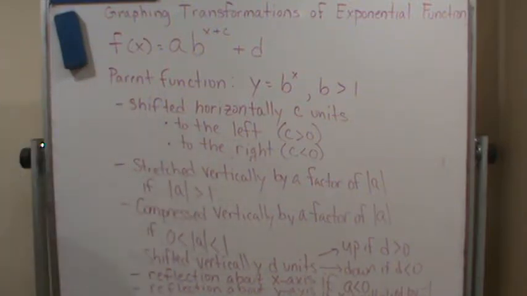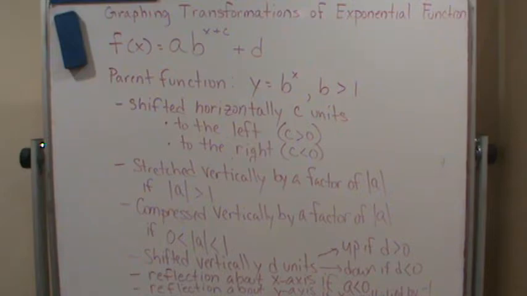So now, let's take this problem. It says, write the equation for the function described. It says f of x equals e to the x is vertically stretched by a factor of 2, reflected across the y-axis, and then shifted up 4 units.